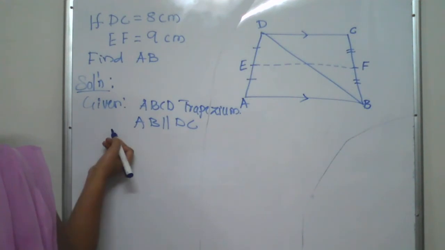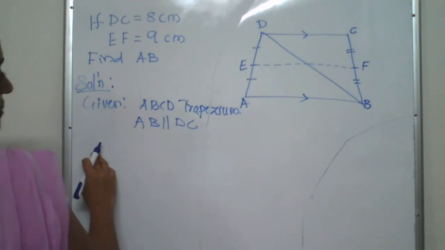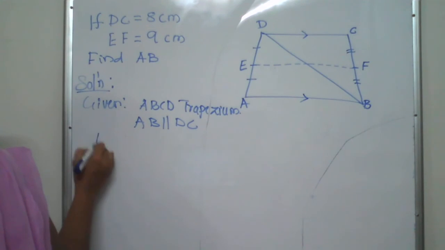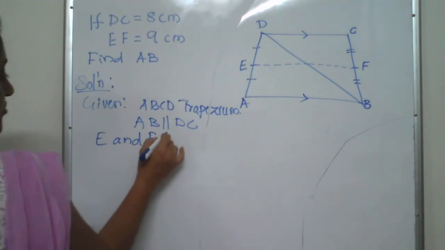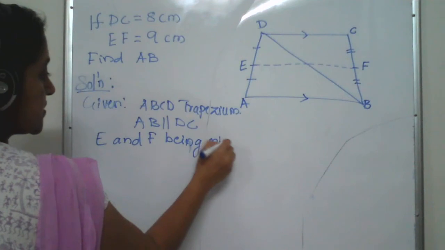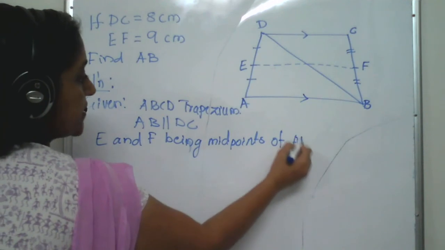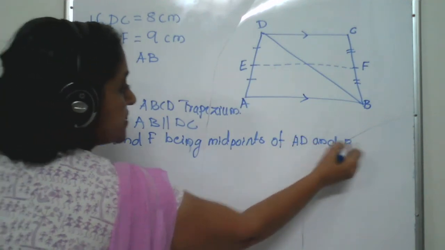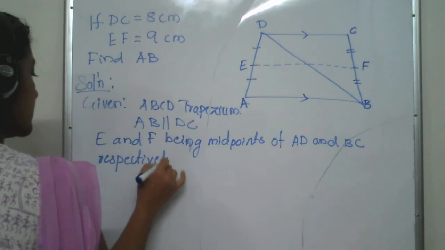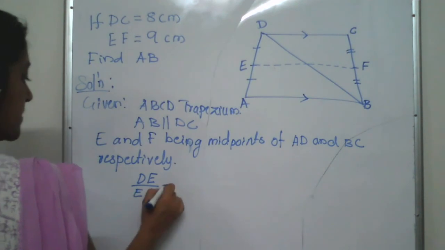Now in this solution, what we say is: E and F being midpoints of AD and BC respectively, DE upon EA is equal to 1.